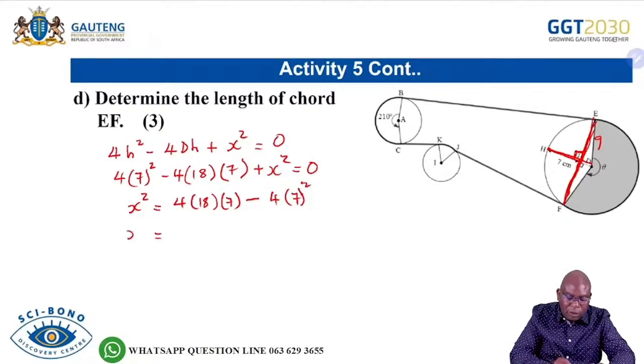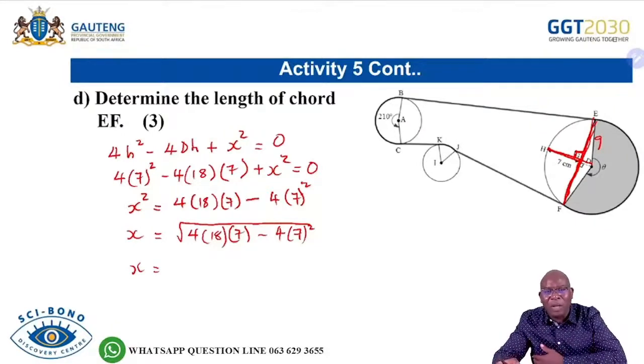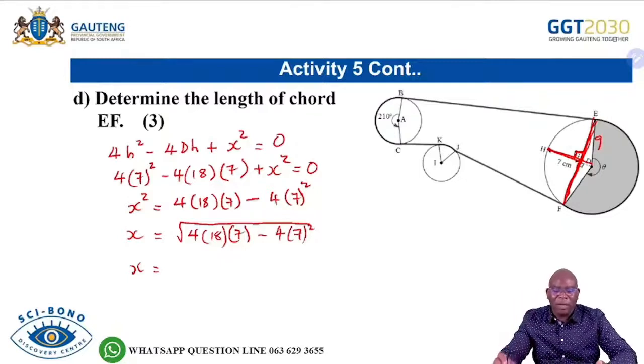Then I need the value of x, which means that everything there must be inside the square root. I'm just doing it the long way here. Okay, it must be inside the square root. And then I'll have the value of x. Remember, it is the length of the chord. We can't put a plus or minus. So the length of the chord will be positive.